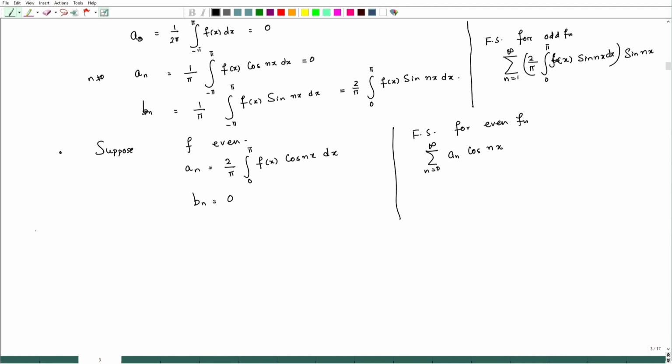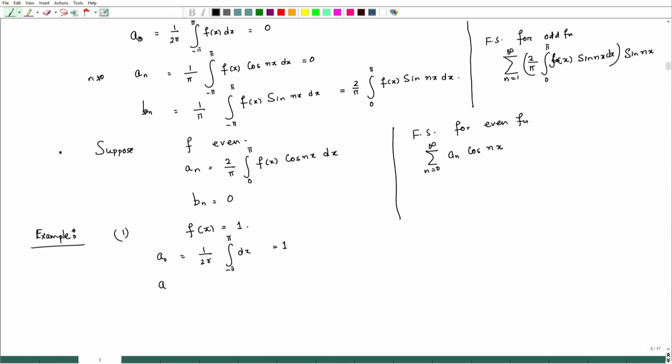First example, the trivial example, let us take f(x) equal to 1. Then a_0 is equal to 1 over 2 pi, integral from minus pi to pi of dx, which is equal to 1. It survives only a_0, and a_0 is 1.